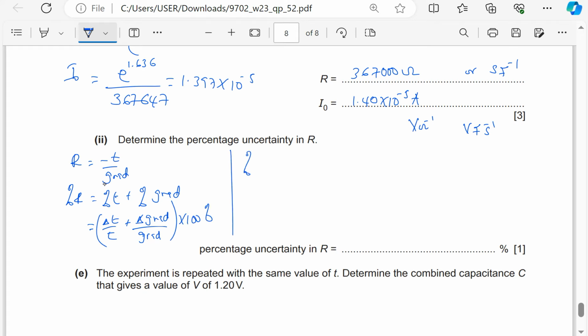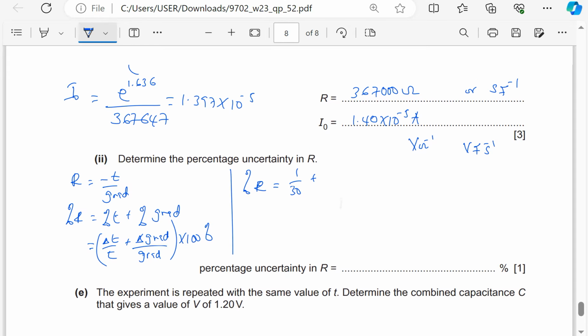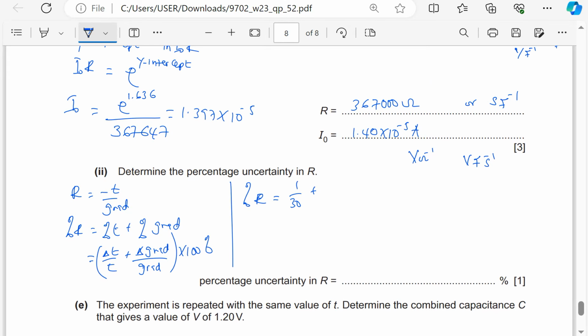So the percentage in R is going to be 1 over 30 plus, for the gradient, the uncertainty was, I think, 0.0056 divided by 0.816. Of course, the negatives do not count, they just cancel out. The power of 10 also cancels out. That's why I'm not including it here.